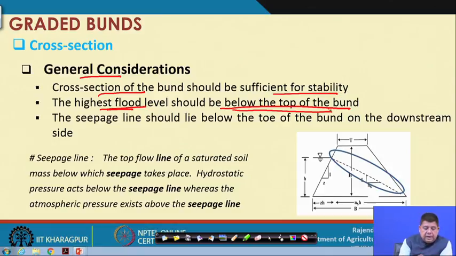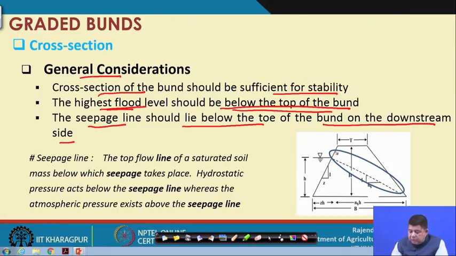The third consideration is that the seepage line should lie below the toe of the bund on the downstream side. Seepage happens because the material of construction is soil. Whenever standing water is there, seepage starts taking place, and slowly the whole thing gets wet. We do not want the downstream side to be wet, because the moment it happens, there might be failure of the structure, because the toe will fail.